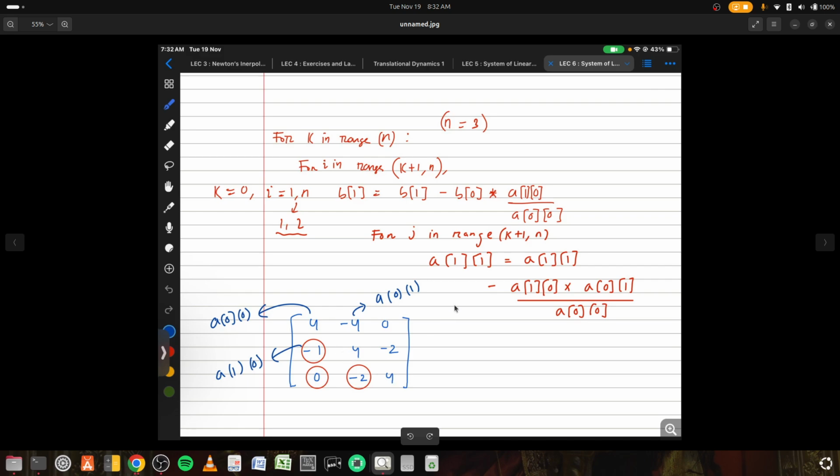So now for j in range k plus 1 to n. Here i was 1 in this loop, and in the beginning of the loop k was 0, so now it will be aij, that means a11 will be a11 minus a01 multiplied by divided by this a00, and you will get the modified value of this a11.